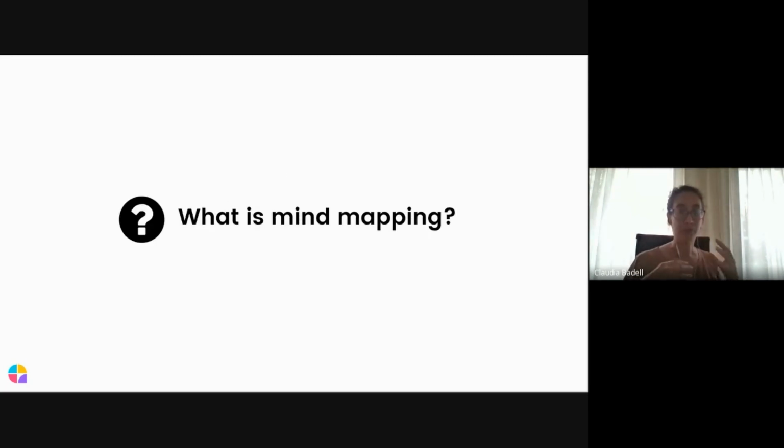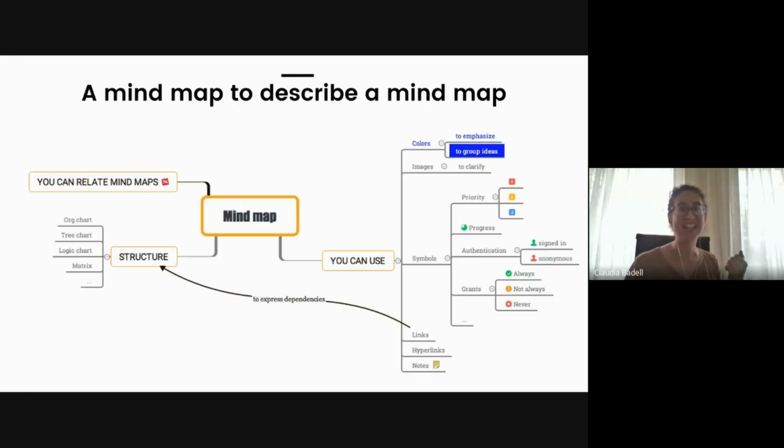So before seeing how we use mind maps to tackle both of those challenges, I will share what a mind map is, just in case you are not familiar with the concept. A mind map is a graphical representation of ideas and concepts. It's a creative and logical way of note-taking using symbols, colors, shapes, words, lines, and images. Here we have a mind map which describes what a mind map includes.